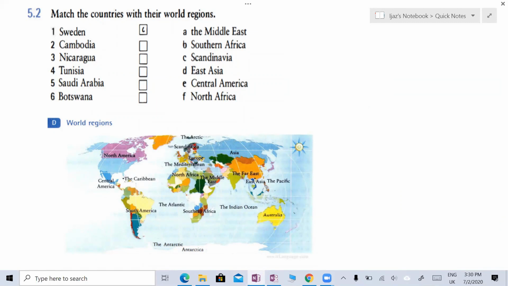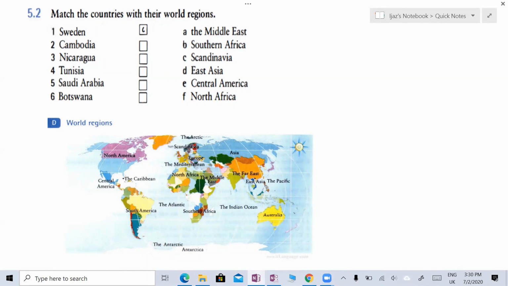So let's say this one, match the countries with their world regions. The regions given are the Middle East, Southern Africa, Scandinavia, East Asia, Central America, and North Africa. The countries are Sweden, Cambodia, Nicaragua, Tunisia, Saudi Arabia, and Botswana.